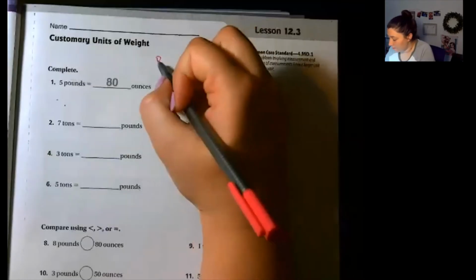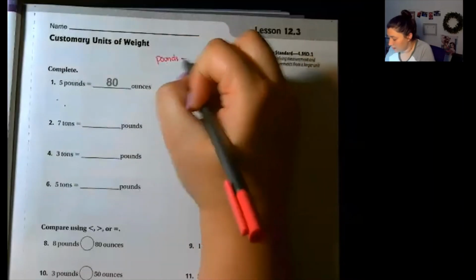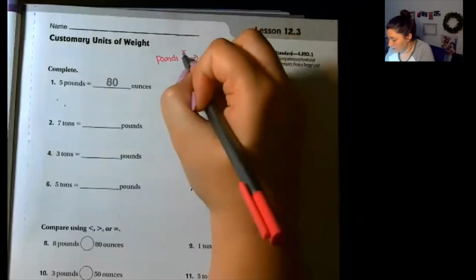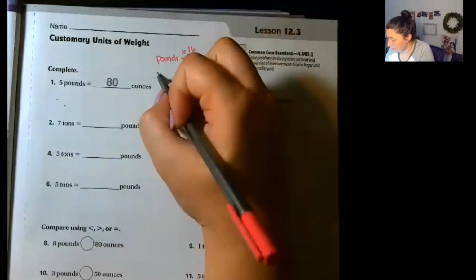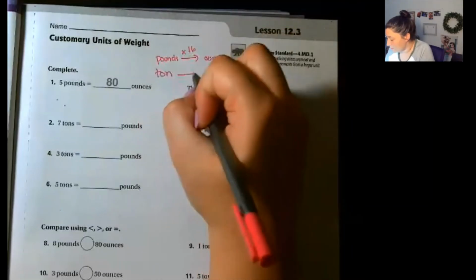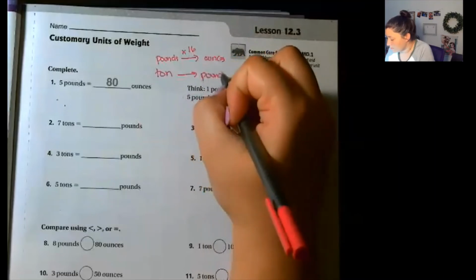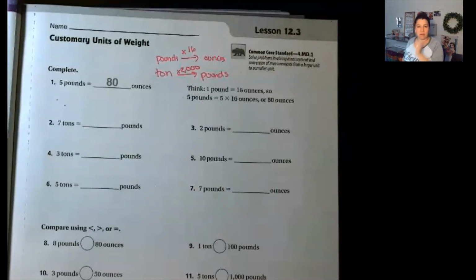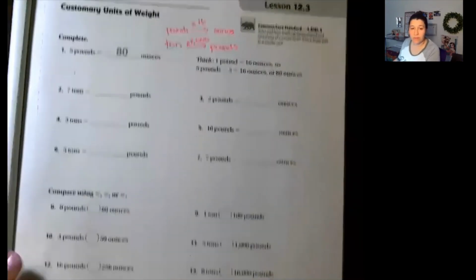Remember, pounds to ounces, we're going to multiply by 16, and a ton to pounds, we're going to multiply by 2,000. So there's a quick reminder for the top of your page too. That way you don't have to look back if you don't want to.